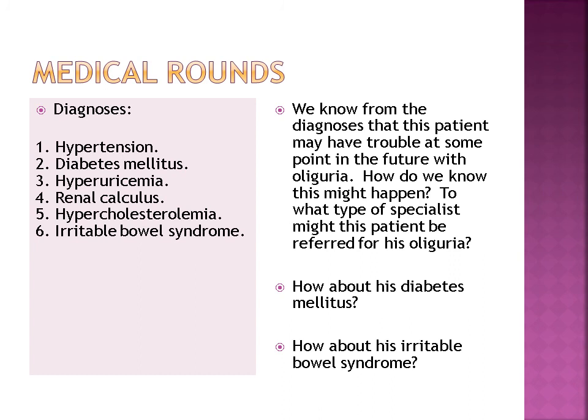Renal refers to kidney, calculus to stone. In the future, the patient may have urine retention due to a blockage of a ureter by a kidney stone. Oliguria, or lack of urine, can be due to either low urine formation or urine retention, according to Taber's. If the patient suffers a blockage, he would be referred to a urologist. For a kidney which does not produce urine, he would see a nephrologist.